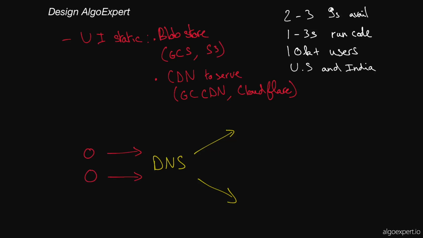So let's assume that the AlgoExpert API looks something like this, like slash API slash, I don't know, auth or slash payments or slash run code or code execution or whatever. Depending on this path at the region level, there will be another set of load balancing that redirects or distributes these requests.